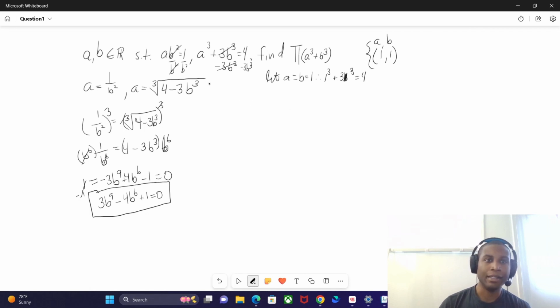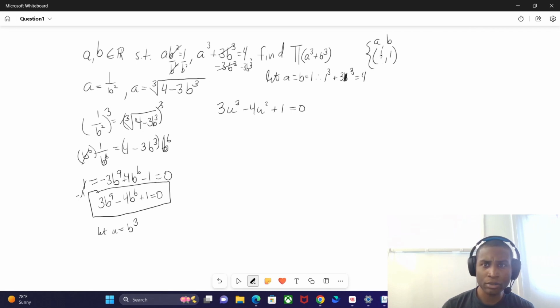Okay, great. Now we need to find the other values of a and b by solving this cubic. I'm going to use a quick substitution to simplify this. Let u equal b to the 3rd power. That allows us to rewrite this as 3u to the 3rd minus 4u squared plus 1 equals 0.